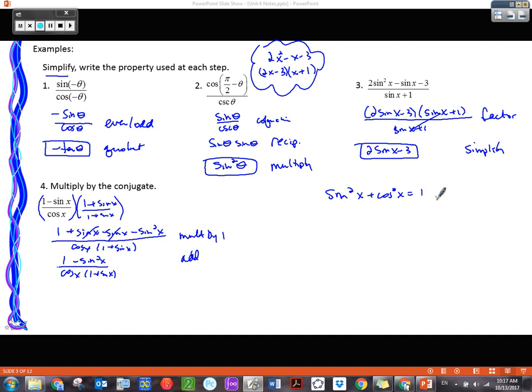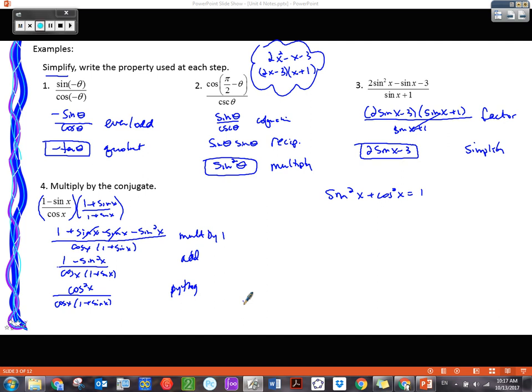I sure do, and that's how it appears all the time. Like that. 1 minus sine squared, so that means cosine squared. So we change this to cosine squared over cosine times 1 plus sine, and our reason is Pythag. Very popular reason, Pythag.